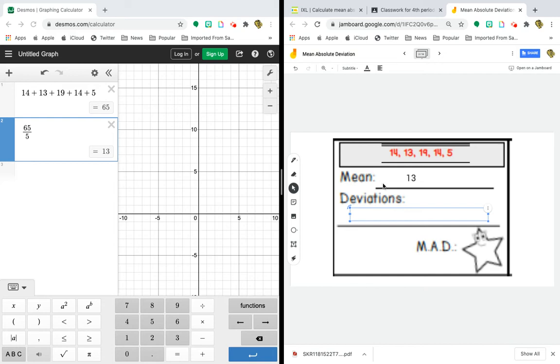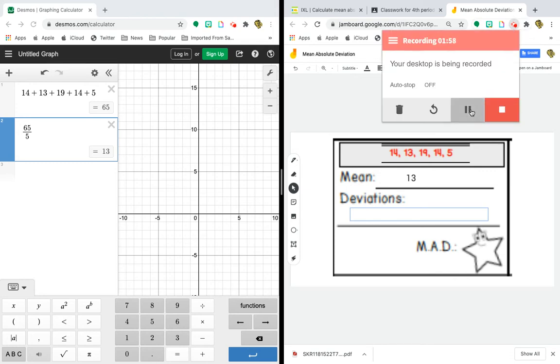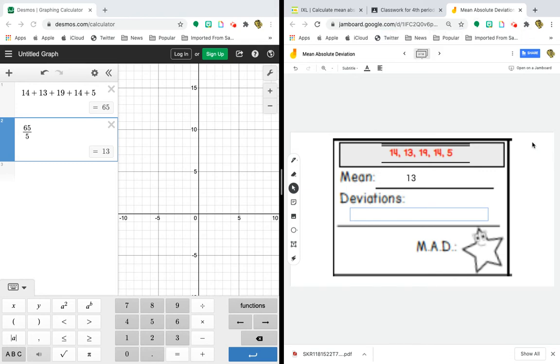And then our deviations, those are our distances here. Okay, and so our deviations mean distances, and the way you find the distance from 14 to 13, you just subtract. So you could do 14 minus 13 if you wanted to, and it gives me 1.